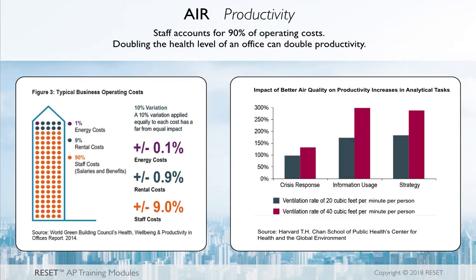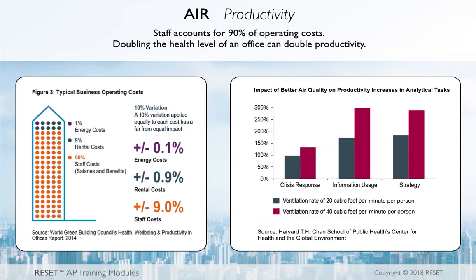An increase in 300% in productivity when the air quality was improved. And what's so interesting about this Harvard study is it's not just a mix of ventilation and a couple of other things. They did that as well, but they really did do a study that focused wholly on CO2 levels.